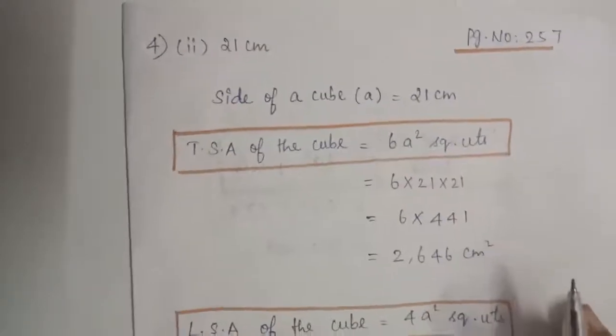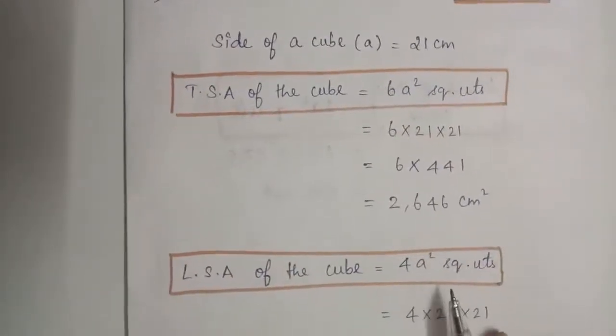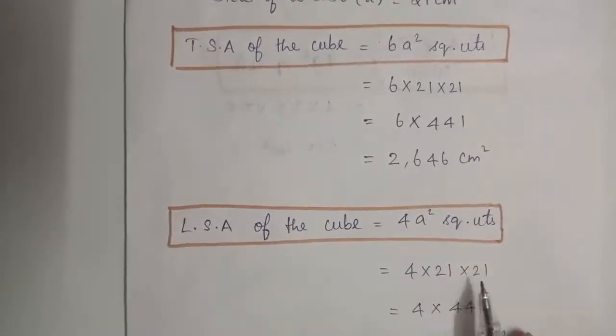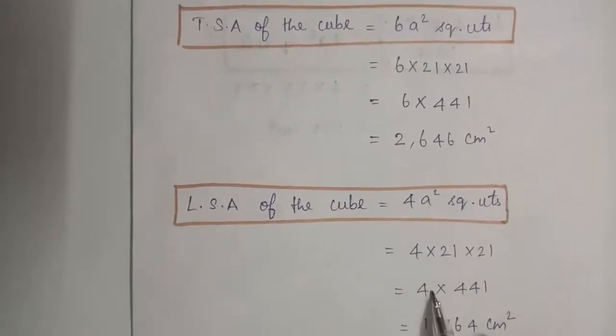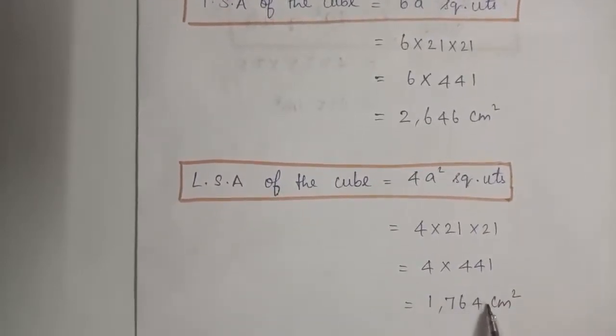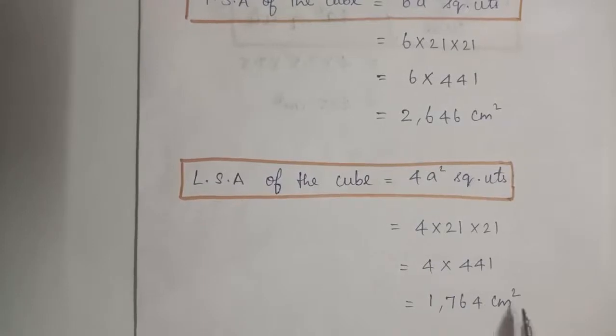Then lateral surface area of the cube is equal to 4A square units, which is equal to 4 into 21 into 21, which is 4 into 441, equal to 1764 centimeter square.